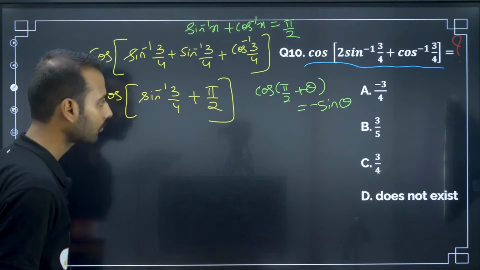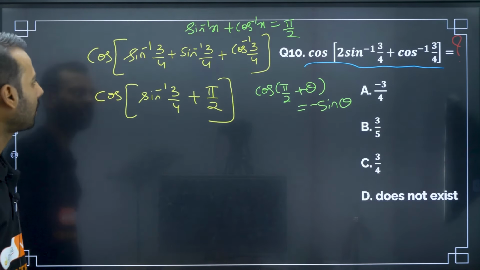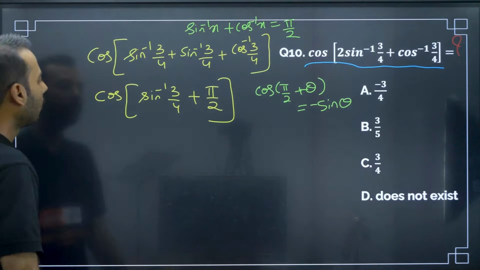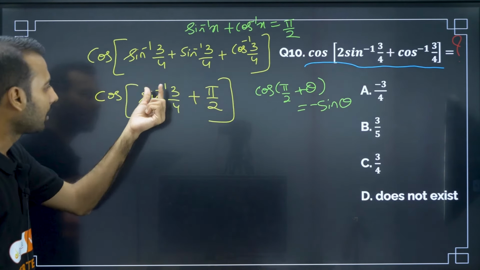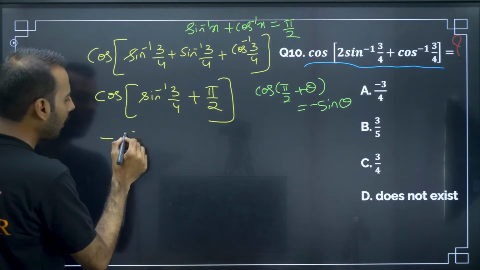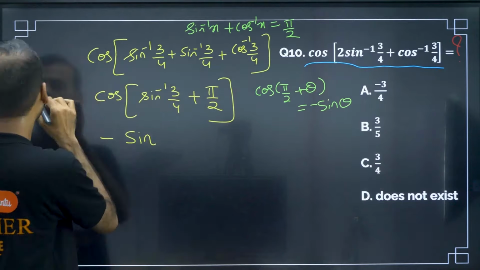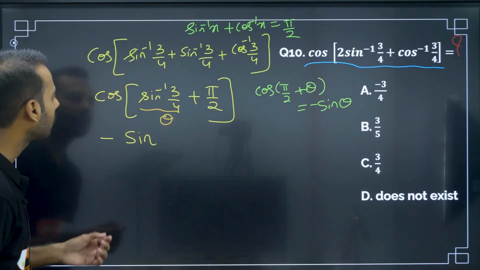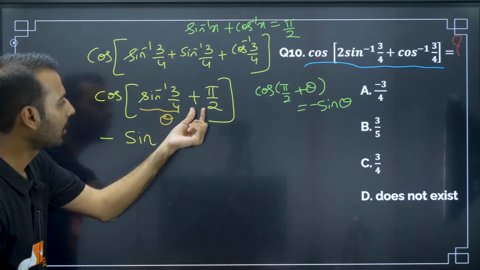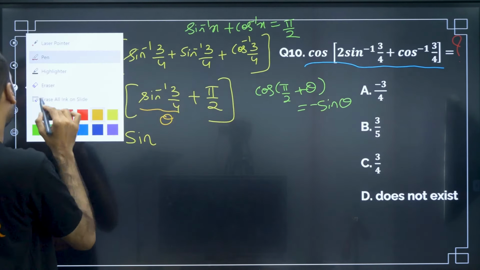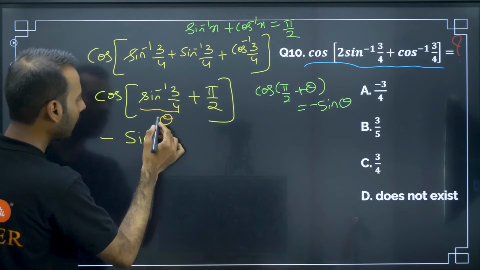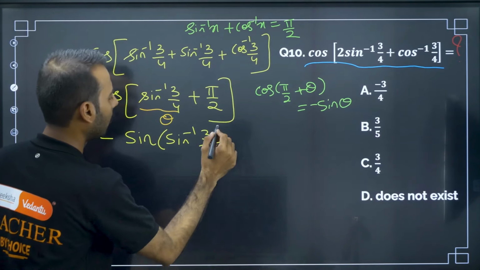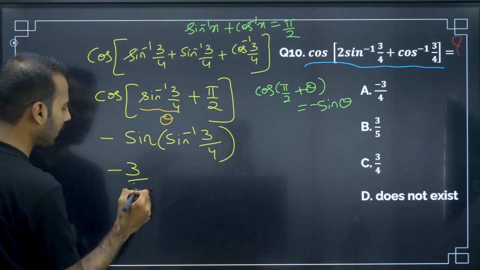If I name this as theta, cos of (pi by 2 plus theta) means negative sine theta. So negative sine theta is sine inverse 3 by 4. So this becomes minus 3 by 4.